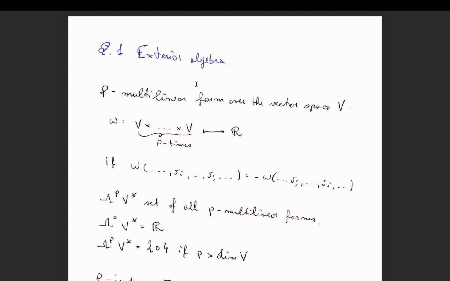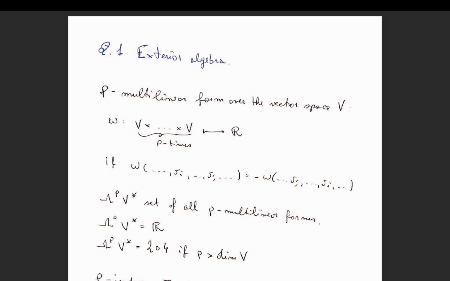So let's see what the p multilinear alternating functions over a vector space V are. Let V be a vector space of dimension n, and a map from V times V, p times, into the reals. Let's call this map omega.